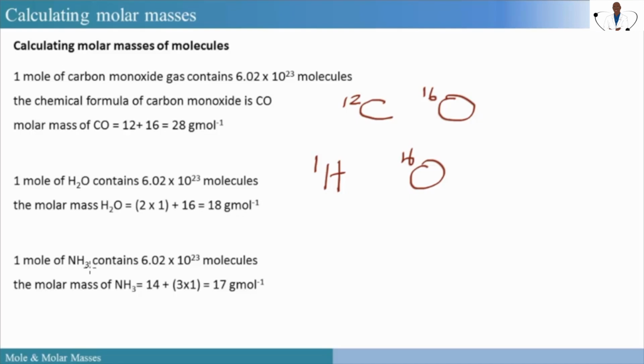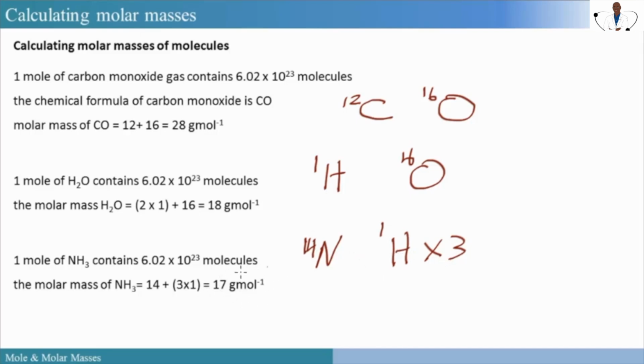Moving on to ammonia, the same thing would go. The mass of 1 mole of ammonia is the sum of the mass numbers. So nitrogen has a mass number of 14, and H has 1, but remember we have 3 H atoms, so we'll say 14 plus 3.